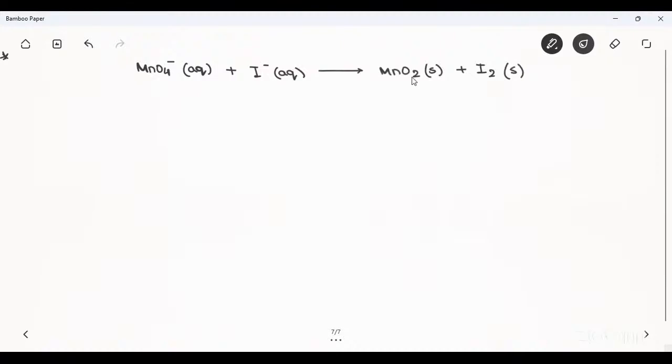So if this is the thing, balance this equation in basic medium, not acidic, basic medium, by the ion electron method.